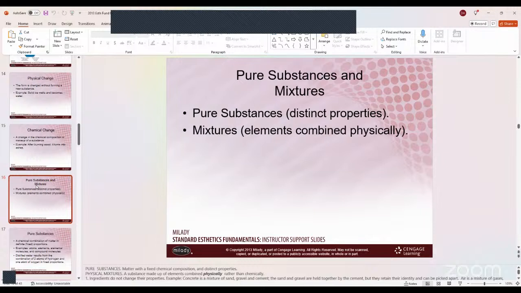Ingredients do not change their properties. They do what they said they're going to do. If you take concrete, that's a mixture of sand, gravel, and cement. The sand and gravel are held together by the cement. But they retain their identity and can be picked apart. You can tell the difference. There are solvents that will break that back up.